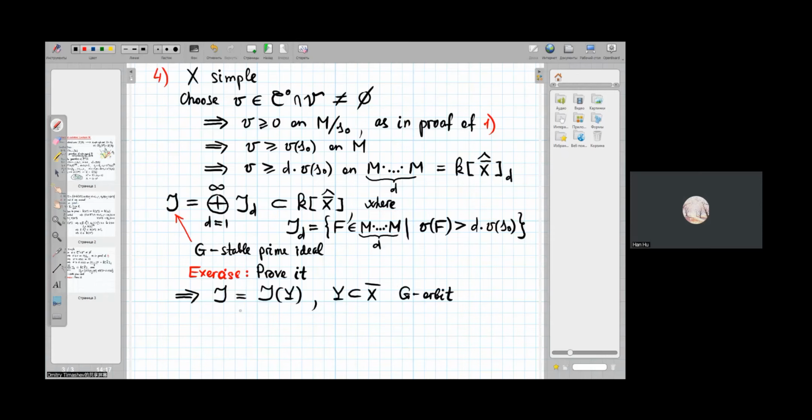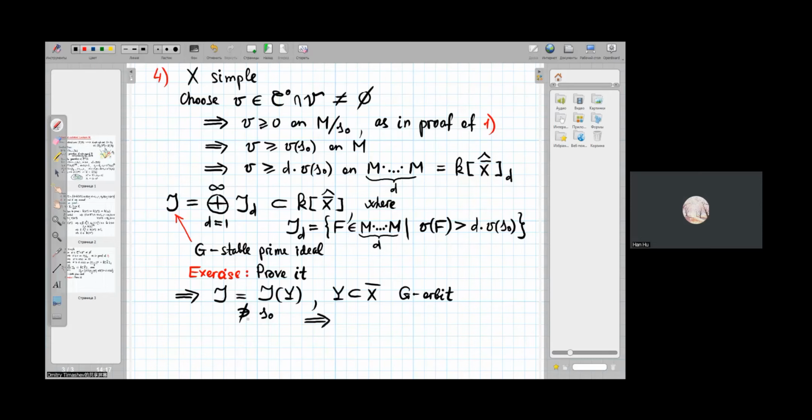Also observe that this ideal I does not contain the section S0 itself, because if you take S0 for F here, then D is equal to 1, and you have an equality between V of S0 on the left side and on the right side. So this is a proper ideal. It does not contain S0.